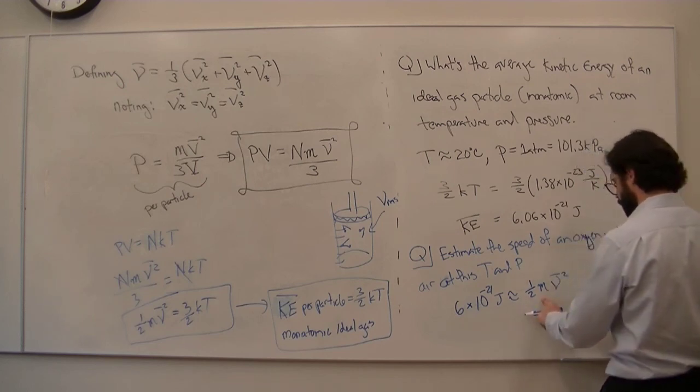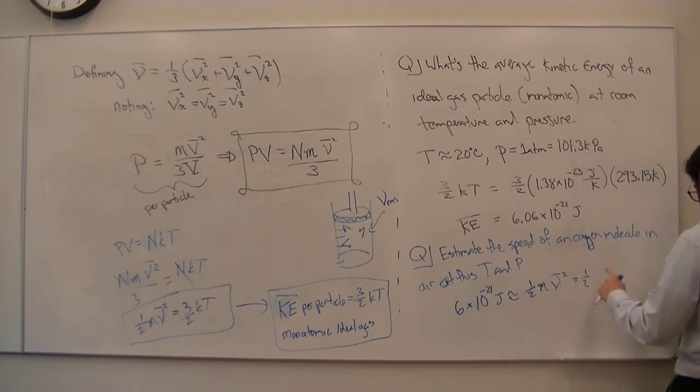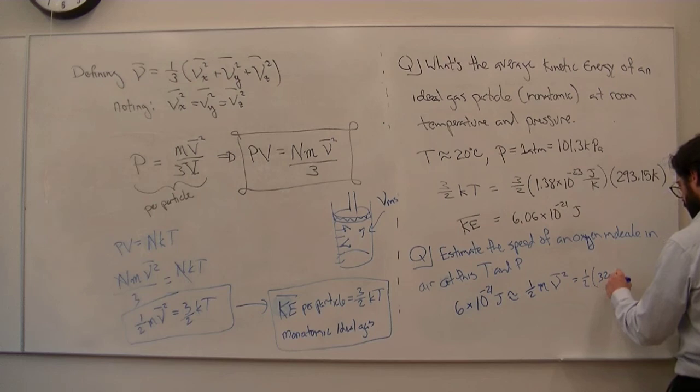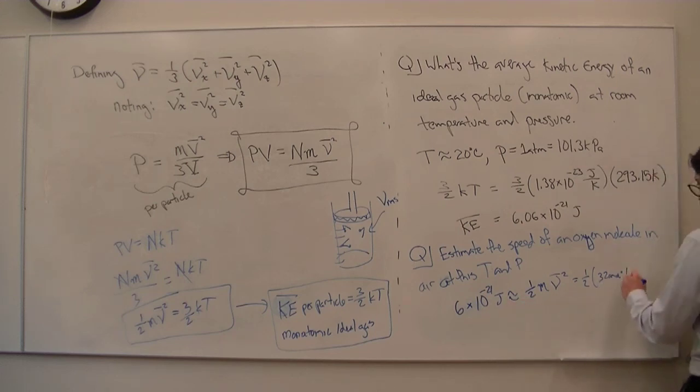So what is the mass of oxygen? There are 2 atoms with 16 atomic mass units, so that's 32 AMU, and I have joules, so I have to use SI. That's 1.6 times 10 to the minus 27 kilograms per AMU, basically the mass of a proton. And then v average squared is what we're looking for.